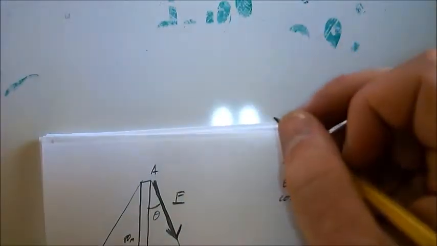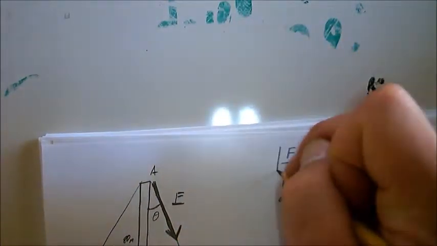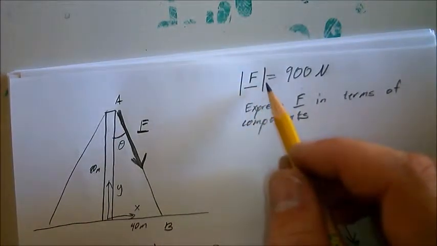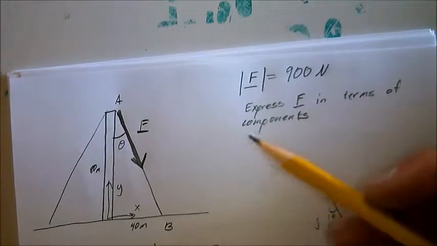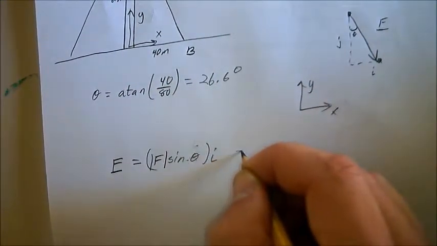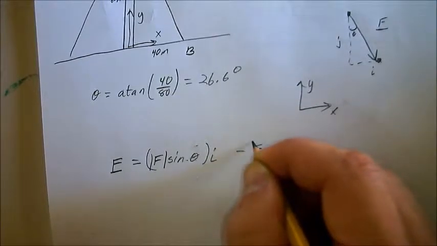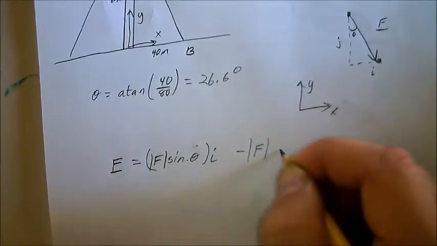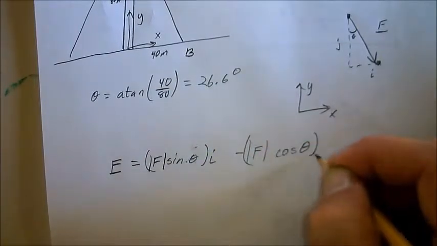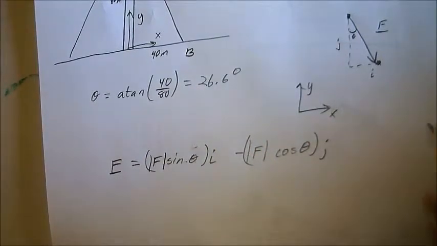Sorry, I should have denoted that up here. This F, the magnitude of F, is 900 newtons. Like that. These bars denote magnitude, which basically means the hypotenuse of a triangle. Okay, so sine of that minus the magnitude of F cosine of theta. And that is in terms of j.